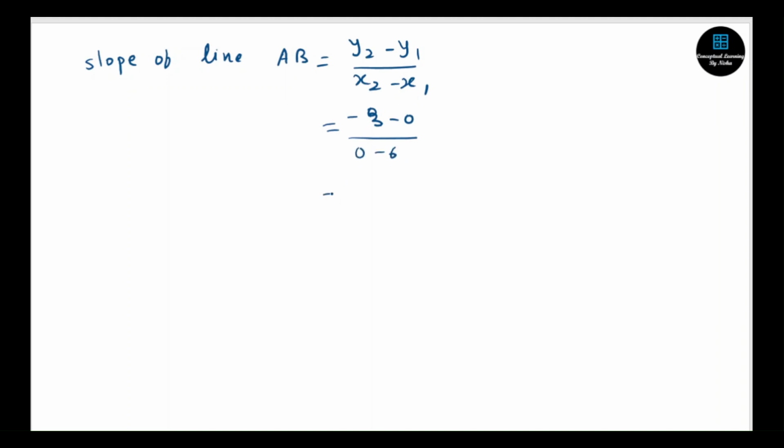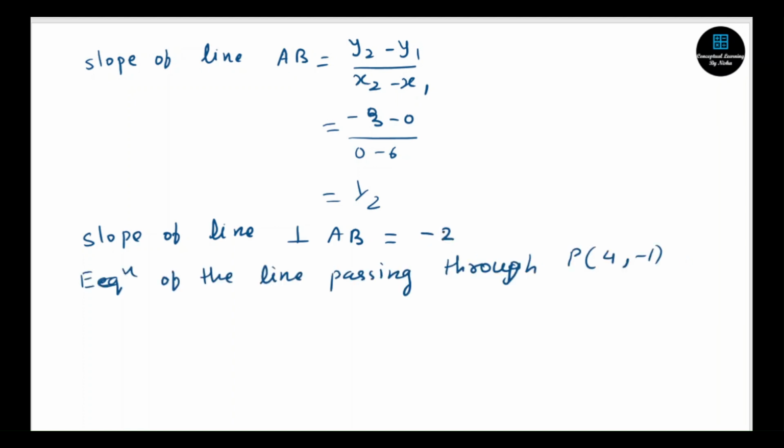And on simplifying, I'll get 1 upon 2. Now the line perpendicular to AB, the slope is, yes. So we'll write this. So slope of line perpendicular to AB is, okay, minus 2.